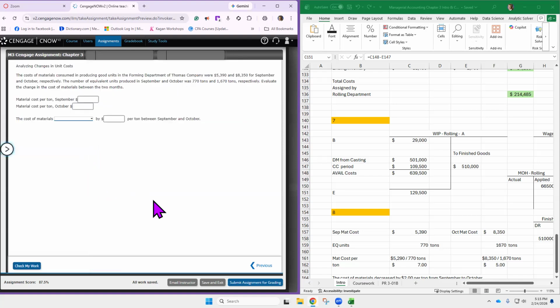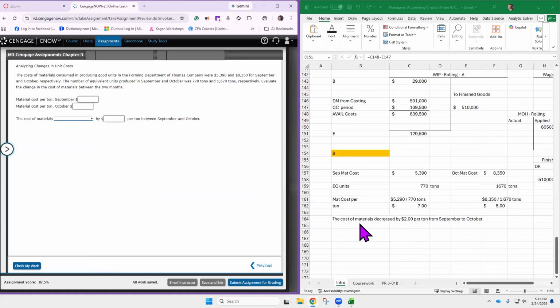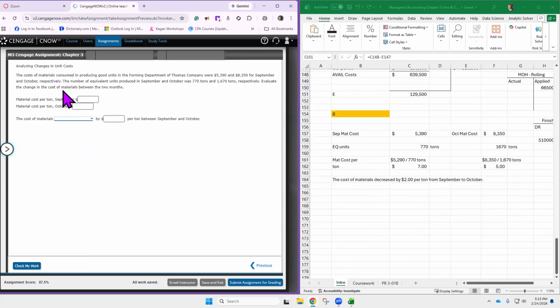Now this one's not too bad. They're trying to get you used to looking at estimates versus actuals, or one month to the other to see what has changed. Okay, because it tells a story. So it says the cost of materials assumed in producing goods in the forming department of the Thomas Company are $5,390 for September and $8,350 for October.